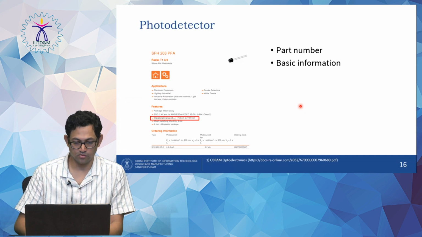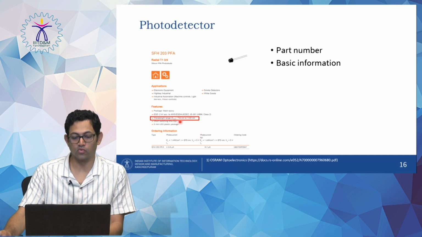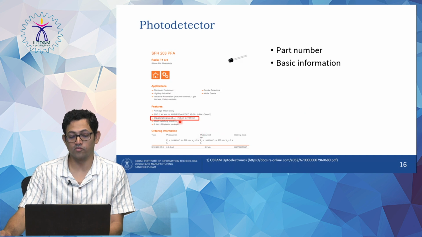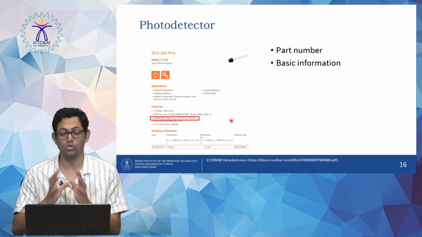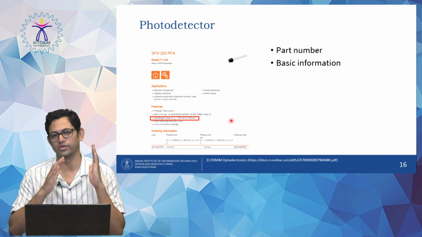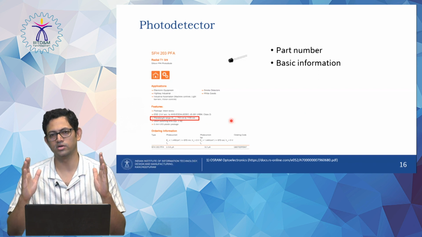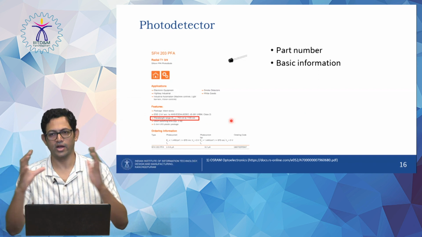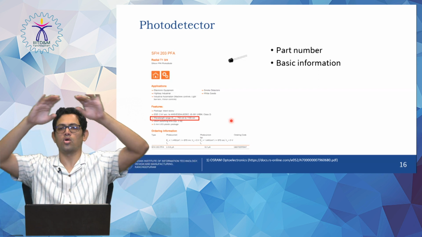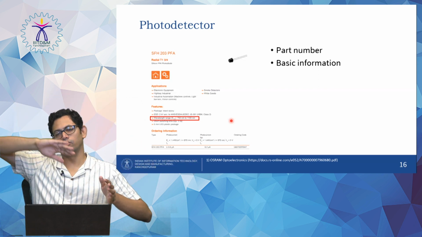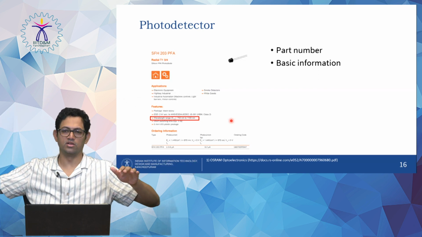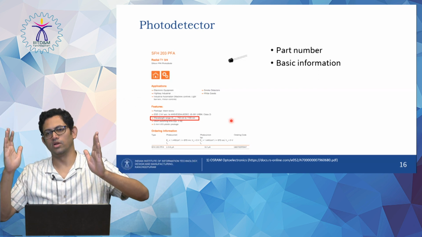In this case, you can see over here, this photodetector works specifically between 750 nanometers and 1100 nanometers. It is only in this regime, from 750 to 1100 nanometers, that it can actually absorb the light source. And it is not a constant absorption between 750 and 1100, but some kind of Gaussian relationship.